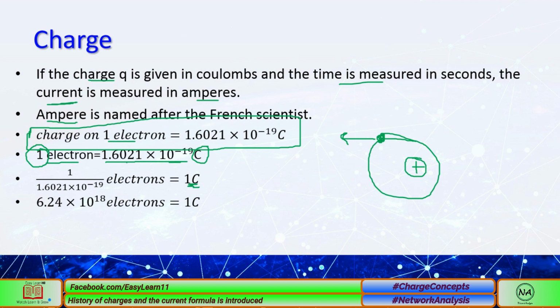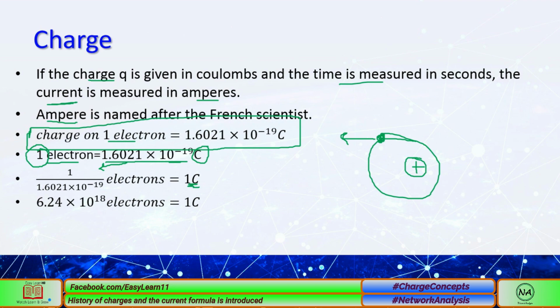So moving this towards the other side of the equation, towards the left-hand side, it is multiplied with the coulomb in the numerator, and by going to the other side it goes into the denominator.